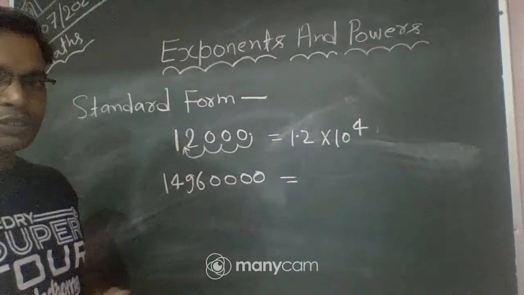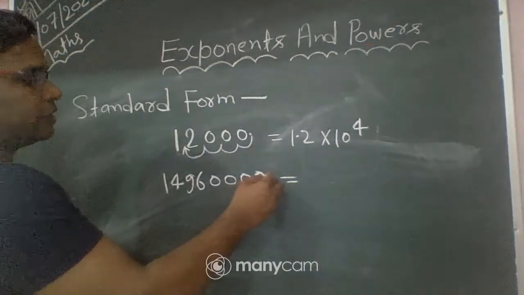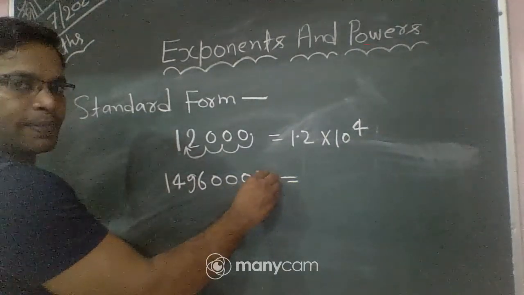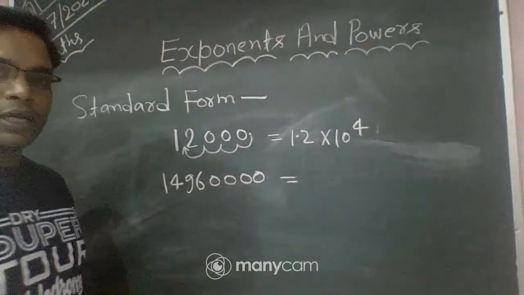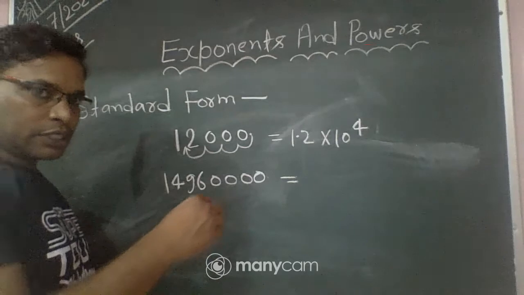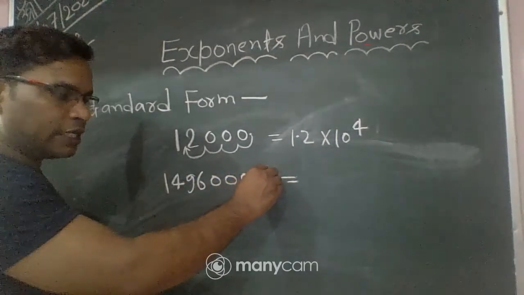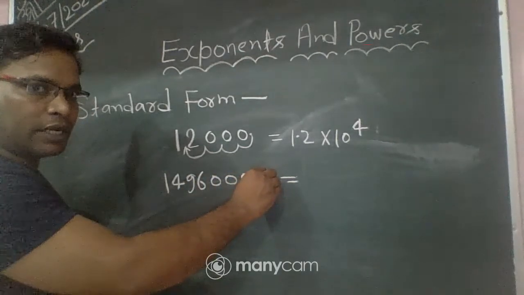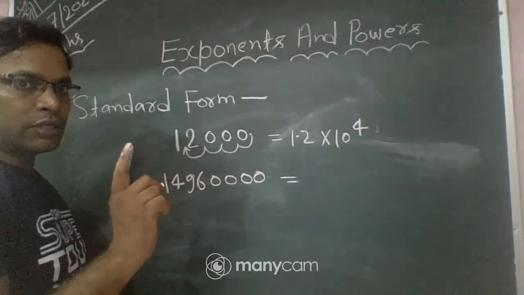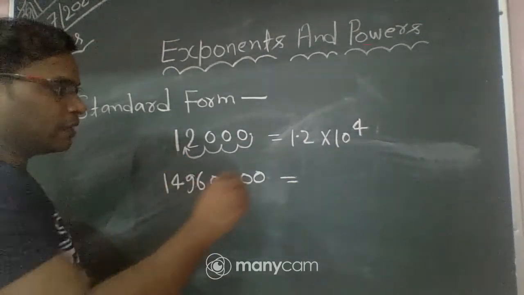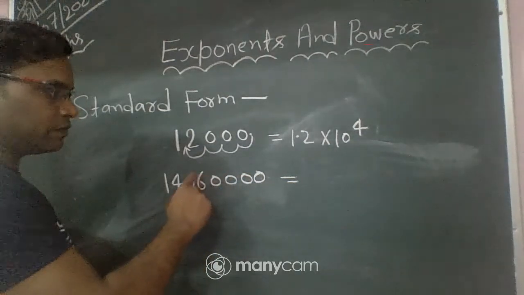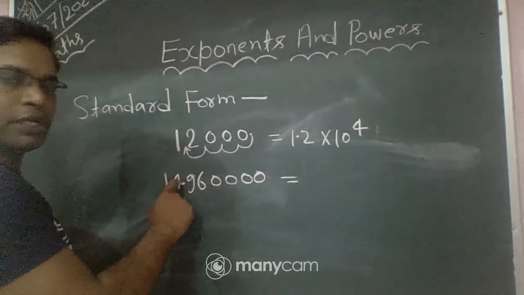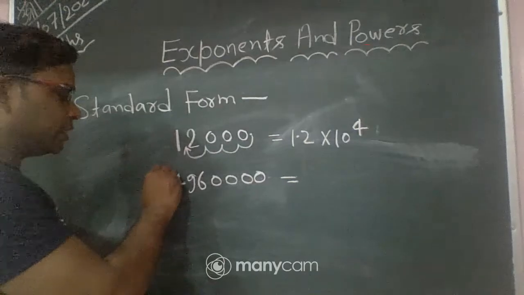In this number, where is the decimal? The decimal is at the last. Here we take the decimal point and move it to the left side until one digit is left to the decimal point. So the decimal moves one digit, two, three, four, five, six, seven digits, until one digit is left.